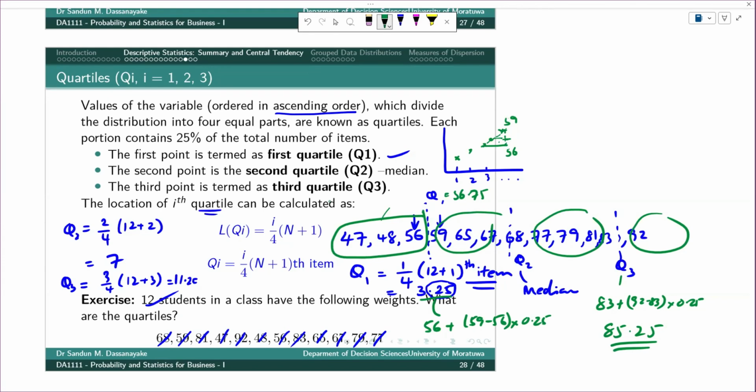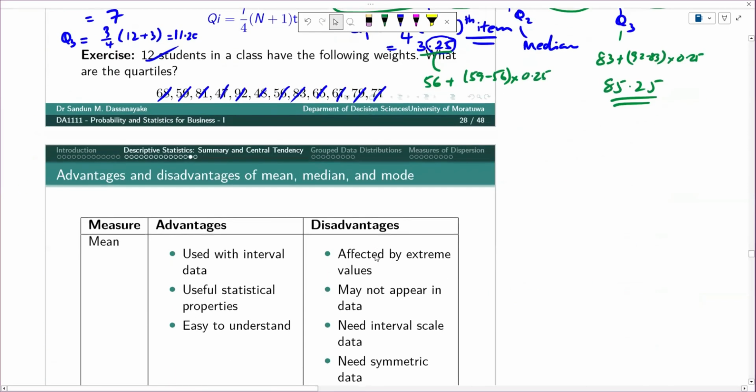We'll use it because Q3 minus Q1 is used in anomaly detection and other things. So Q3 minus Q1 is known as the interquartile range, IQR. Right. Now let's go to the next one.